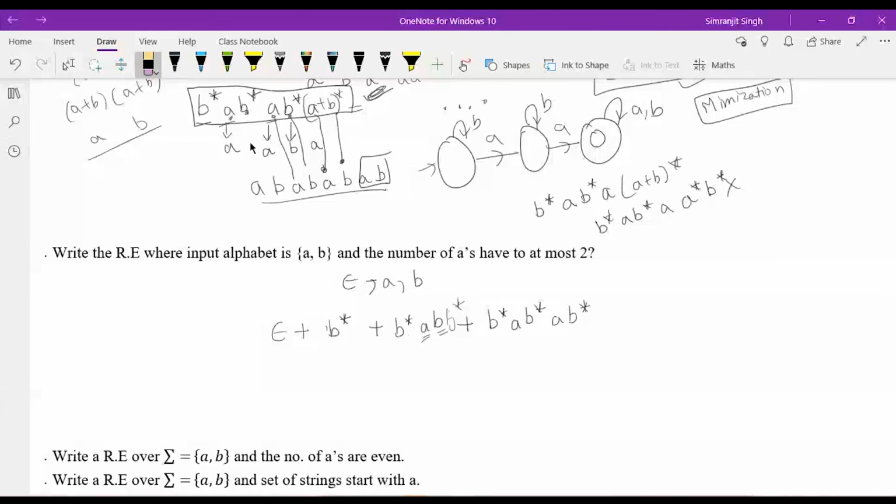Just let me see if I'm able to find any string here that is not in the language. At most two A's. Yeah, that is correct.